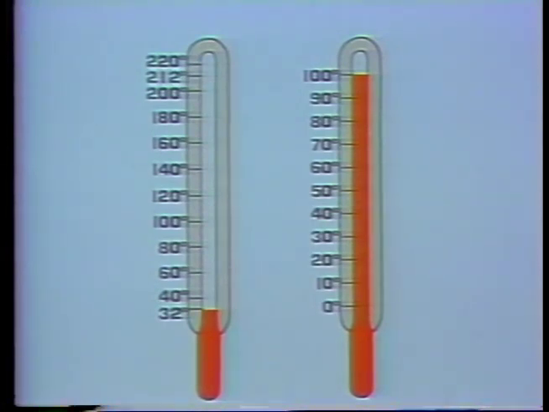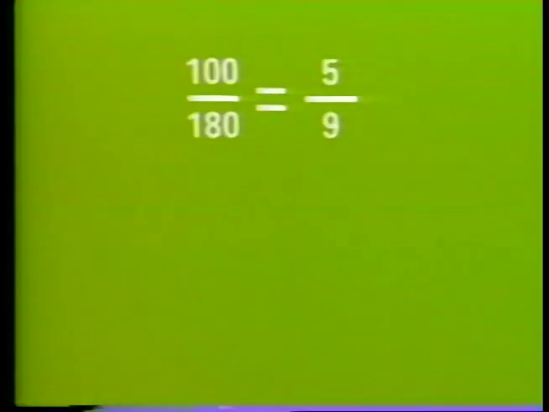We can do this by establishing a ratio. Since there are 100 centigrade degrees and 180 Fahrenheit degrees between the freezing and boiling points of water, our ratio is 100 over 180. Reducing this to its lowest terms, we find the ratio to be 5 to 9. In other words, 5 centigrade degrees is equal to 9 Fahrenheit degrees.